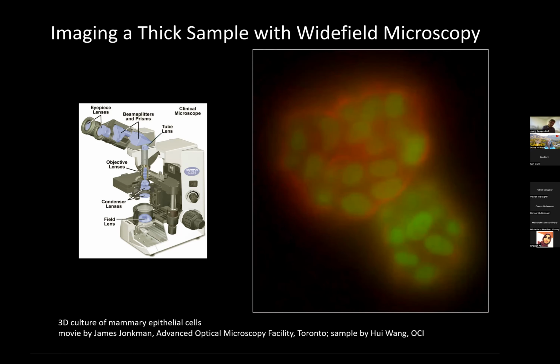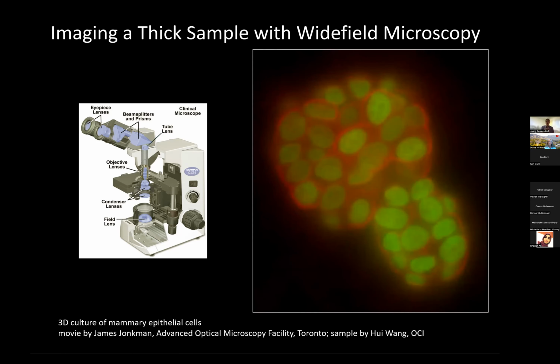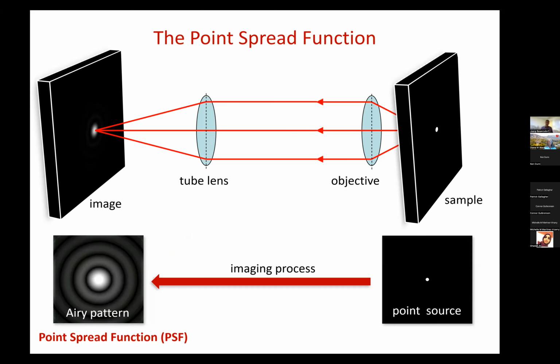I'll explain in the next 10 minutes or so how the confocal microscope does this. But to do that, I want to remind you briefly of the concept of the point spread function. If you are not familiar with it, it is the image that you get if you image a single point object. Think of it as a very small fluorescent bead or fluorescent particle, or even a single fluorescent molecule like a GFP molecule. It will not appear as a single point on your detector, but it will appear as a blurry object, like, for example, an Airy pattern.